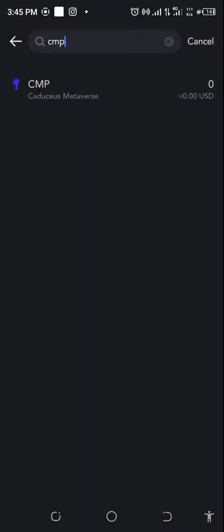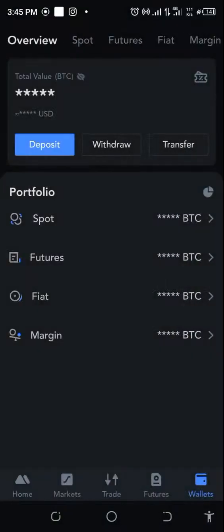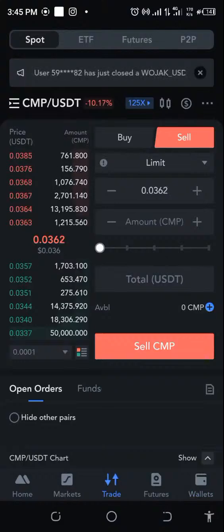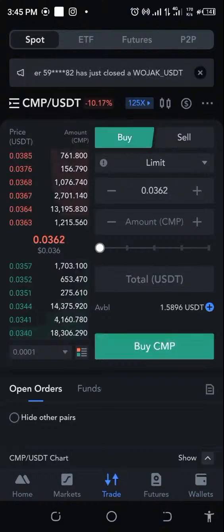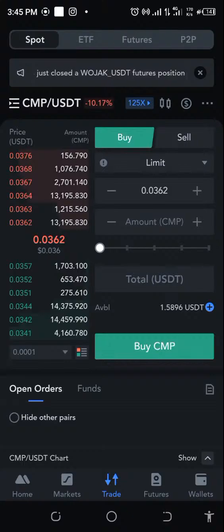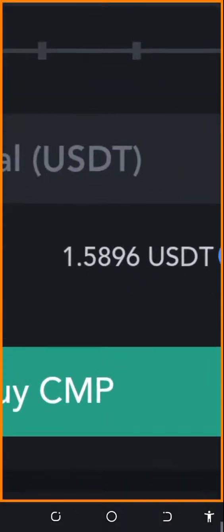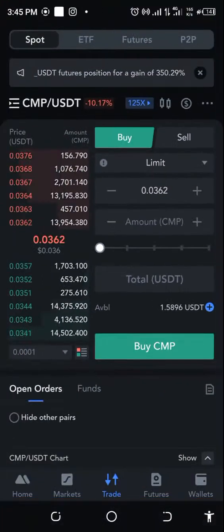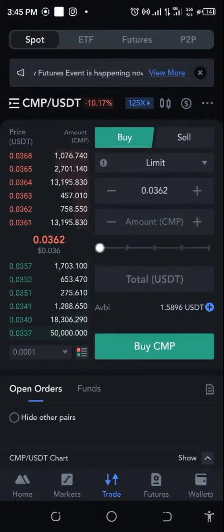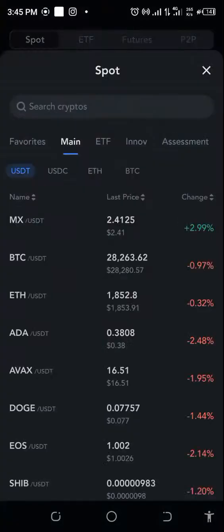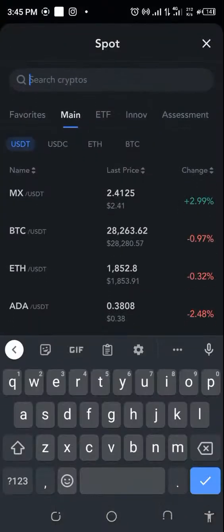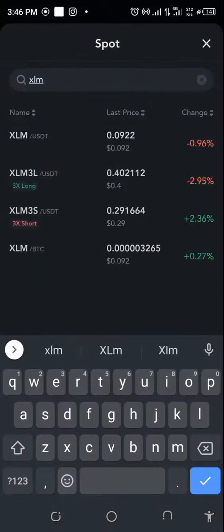So let's see what we're going to do with the remaining 1.58 USDT. Well, it's either of two things. Either I just leave this here, or I try to change it to XLM. Let me see whether it would allow me to change this to XLM.